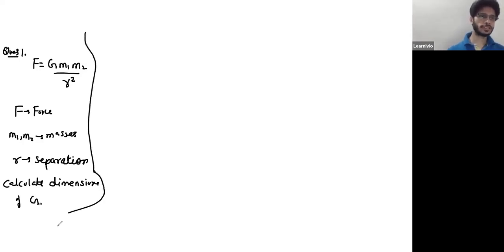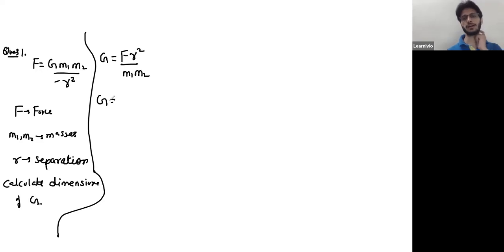So this G could be written as G is F r square over M1 M2. Just cross multiply R square and M1 M2. And now just start writing the dimensions of every quantity. The dimensions of force is M1 L1 T minus 2.